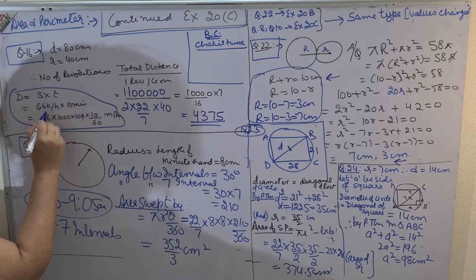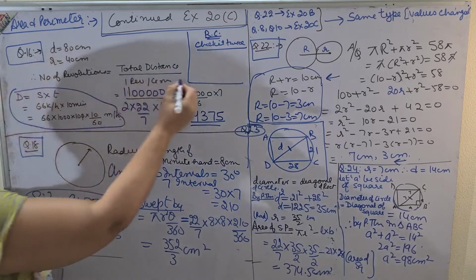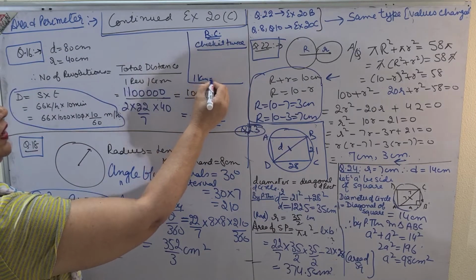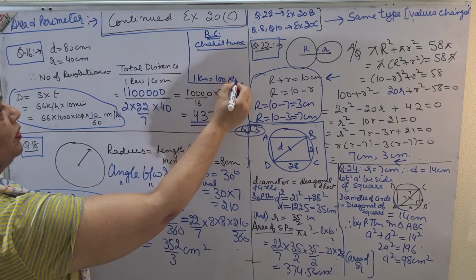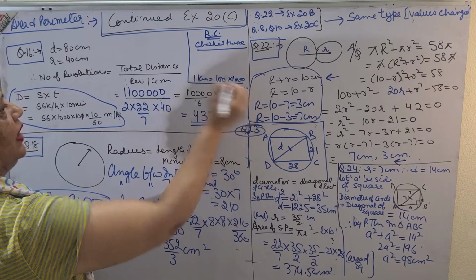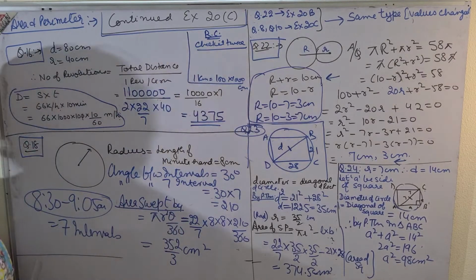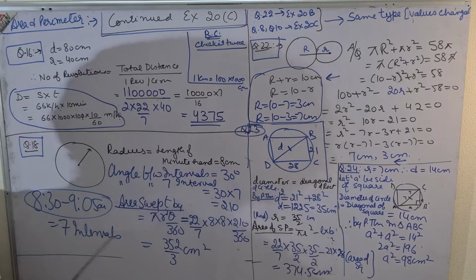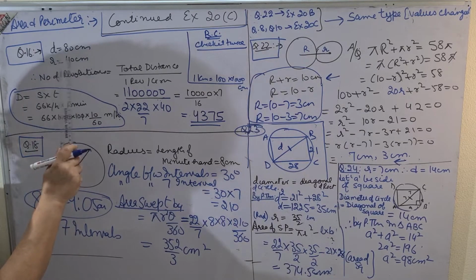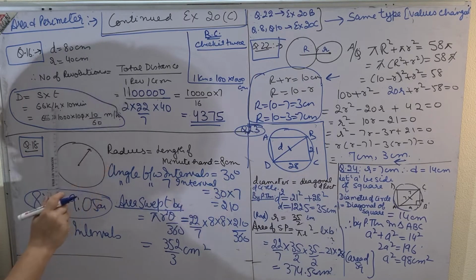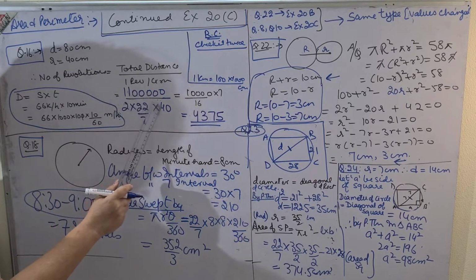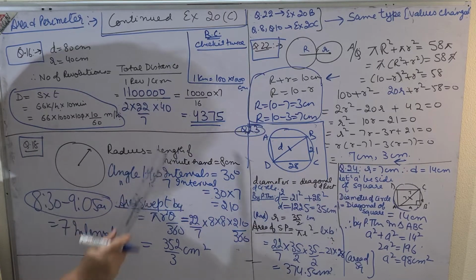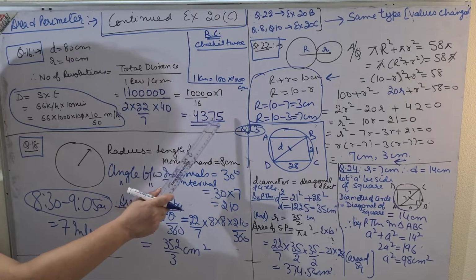You can write here 1 kilometer is equal to 100,000 centimeters. I converted into centimeters because the radius was given in centimeters, so I converted the bigger unit into the smaller unit, and revolutions have no unit. The answer will be 4375.